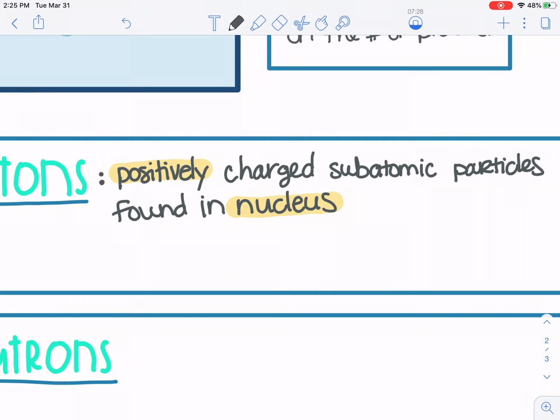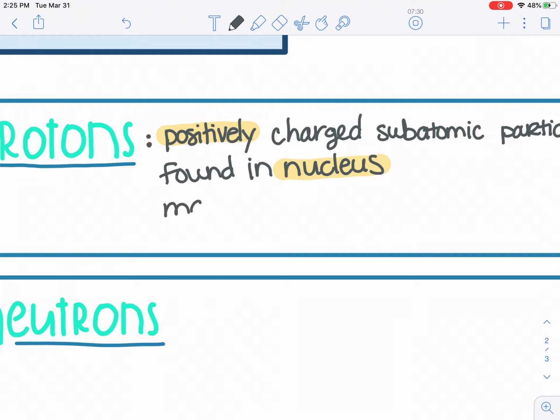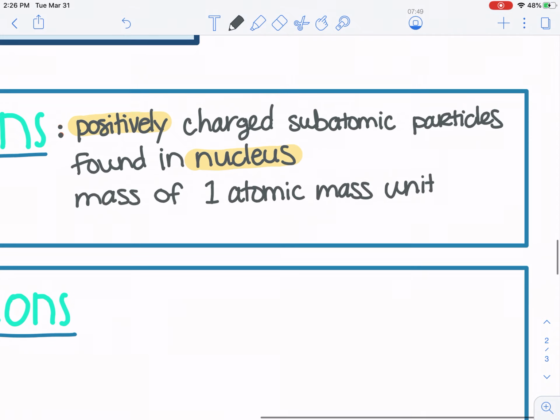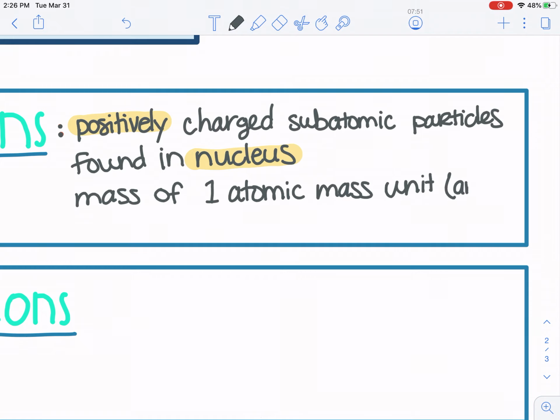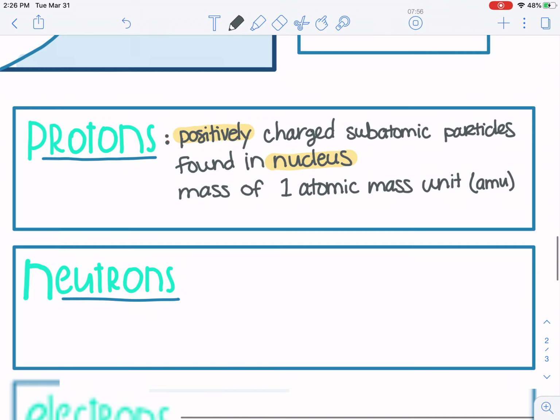And they have a mass of 1 atomic mass unit, which we abbreviate as AMU for atomic mass unit.